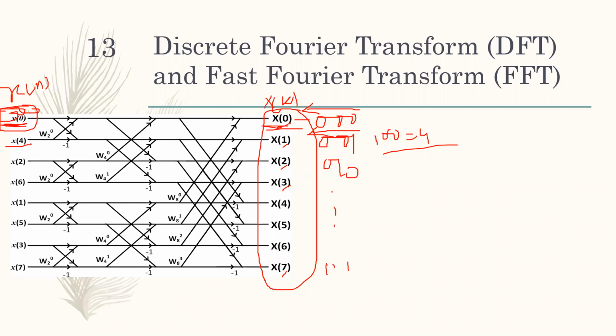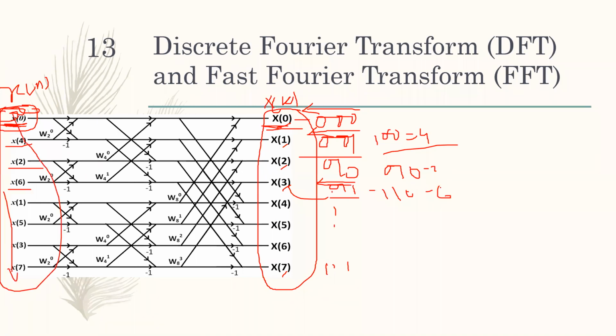Therefore it is the sample present at the fourth location. Then 0, 1, 0 read in reverse is again 2, so this one will be x of 2. Another example: 0, 1, 1, that is 3, and reading it in reverse gives 1, 1, 0, which is 6. So that is x of 6. This is how I get this sequence.